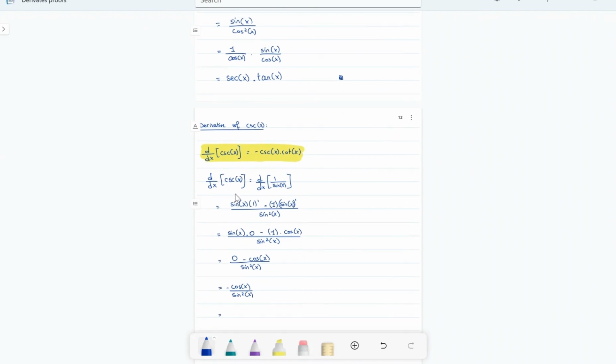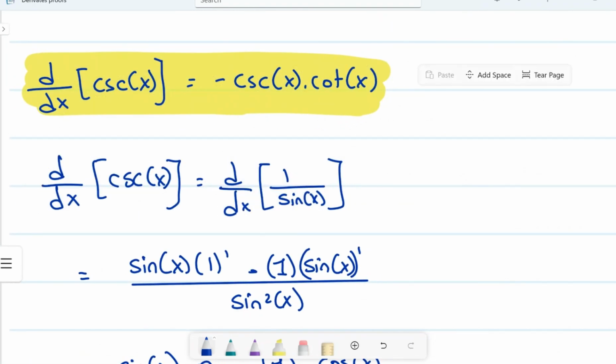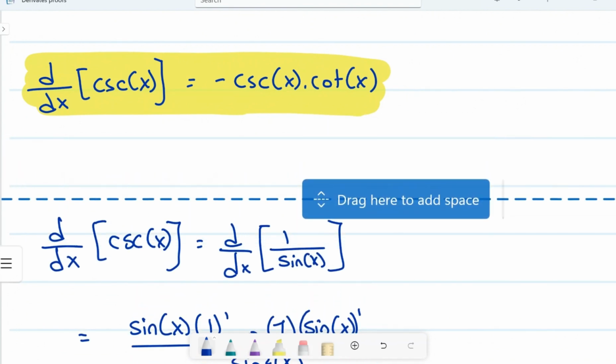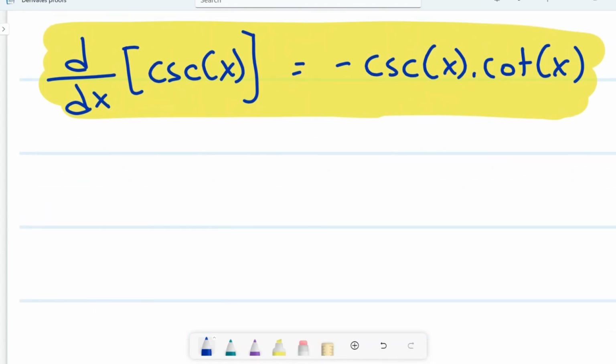And now let us move to the proof, the derivative and the proof of cosecant of x. So the derivative of cosecant of x is negative cosecant of x times cotangent of x. So, as usual, to prove this, let's start by defining our function.